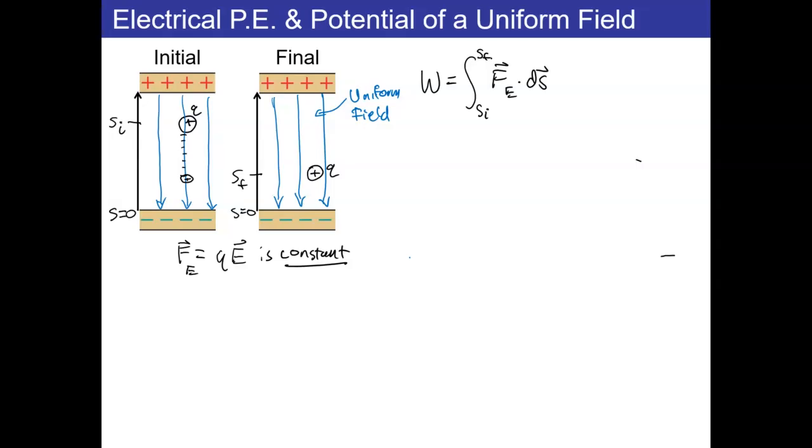If that's the case, then I can pull out the force here, and I'll just be integrating from s sub i to s sub f over ds. Well, that's just the distance between those two points. So essentially what I'll get is the force dotted into just this displacement, delta s, which is really the vector going from the initial position to the final position.